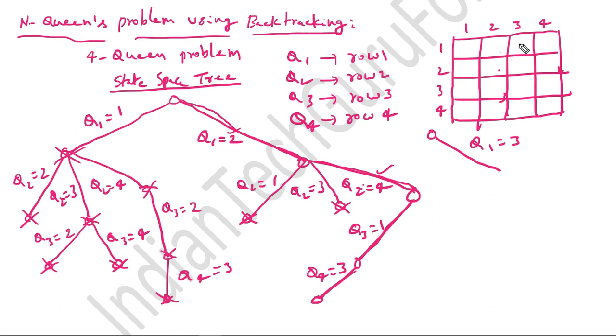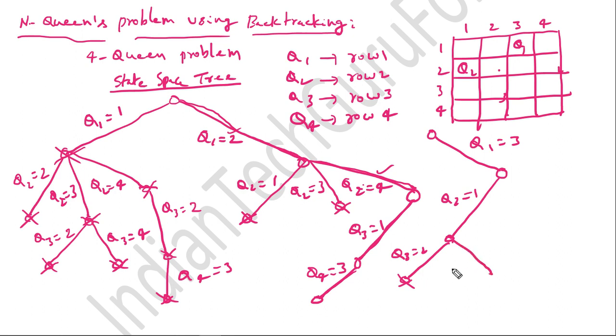Place Q1 in the third column, and then try to place Q2 in the first location. Is it acceptable? Yes, there is no issue. And what are the leftover after 3, 1, which are 2 and 4? Try to place Q3 in the second location. It is not possible diagonally. There is a clash, so not possible.